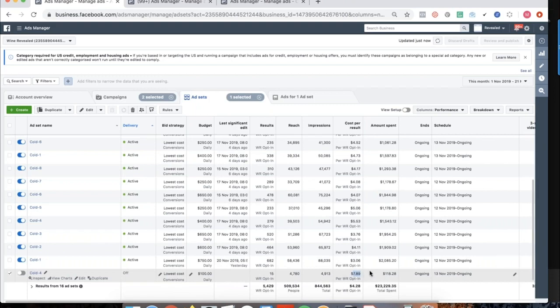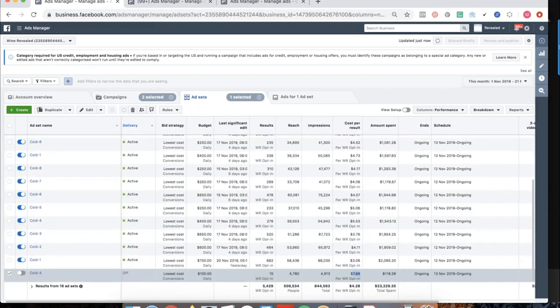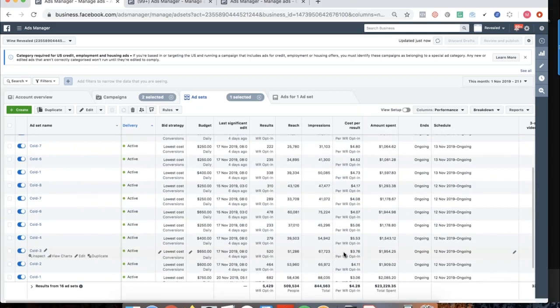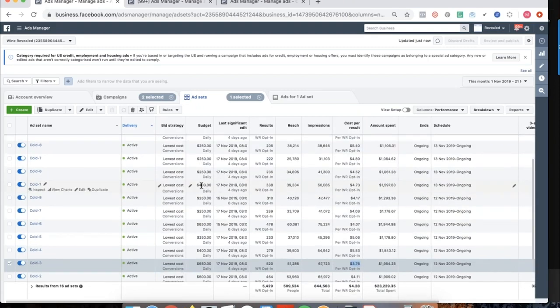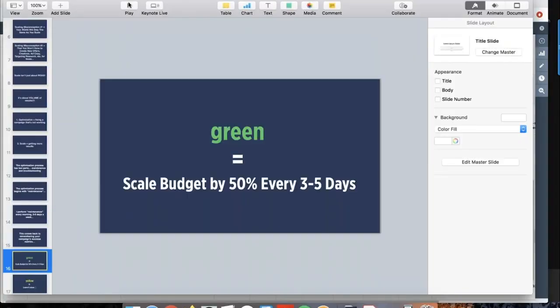After 3 days, this one didn't make the cut, so this one got turned off. But the rest of these, depending on how they've functioned here and whether they've been in the green or the yellow or the red, have had their budgets drastically increased, or some of them have stayed a bit smaller.